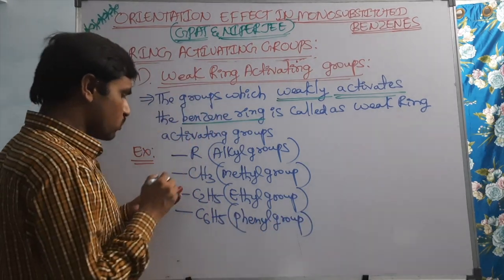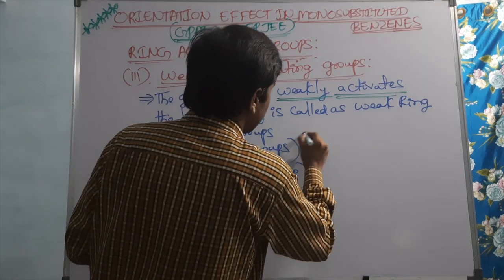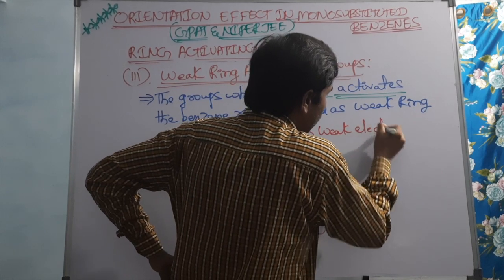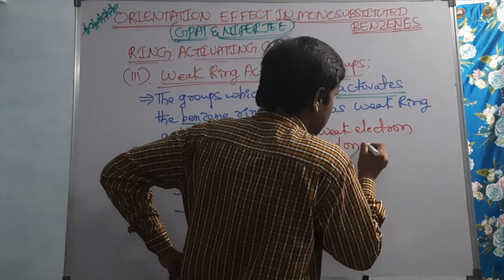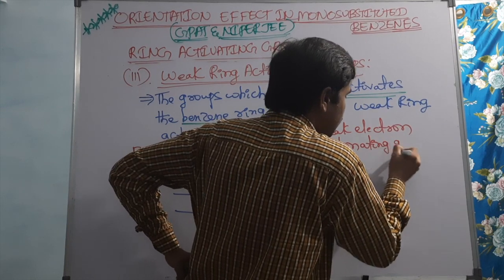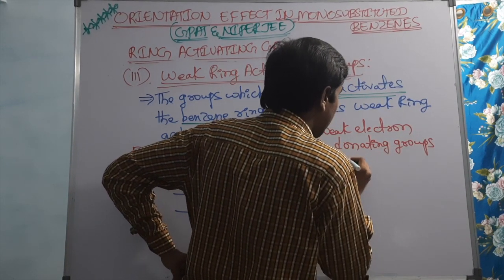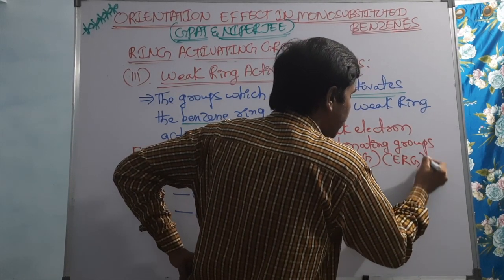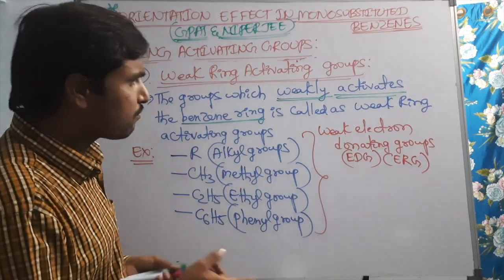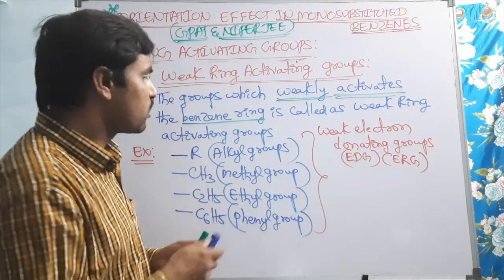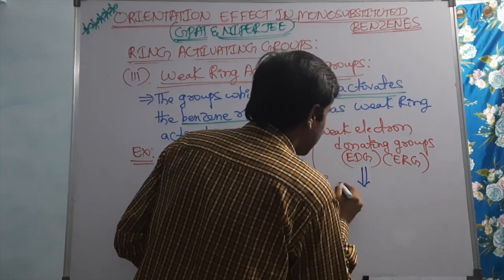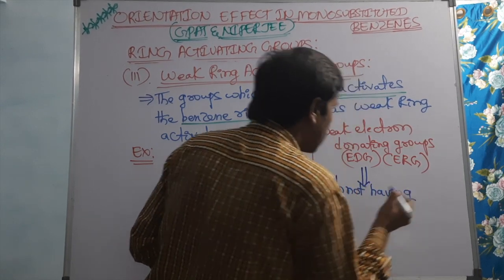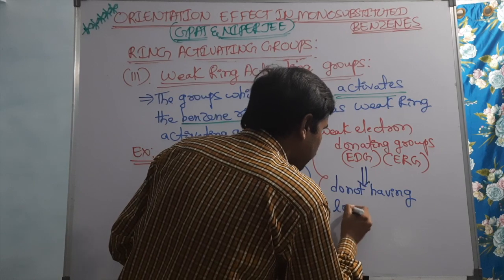These three groups can act as weak electron donors, weak electron donating groups or weak electron releasing groups. Why are these compounds weak electron donating groups? Because these groups do not have lone pair of electrons.